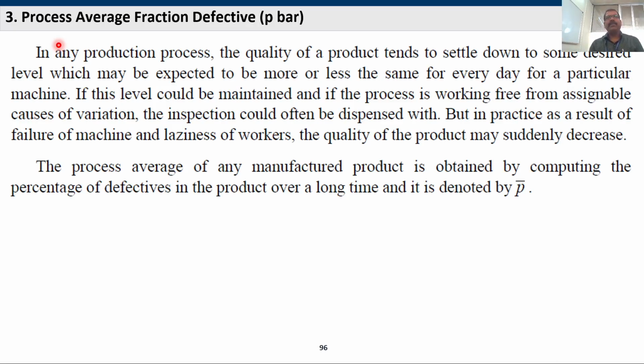After some point of time it settles and always produces with some allowance. Some accuracy errors or tolerance will be there. It will settle down and constantly give the same amount of accuracy or tolerance that we want. If this level can be maintained and the process is working free from assignable causes of variation, the inspection could often be dispensed with.